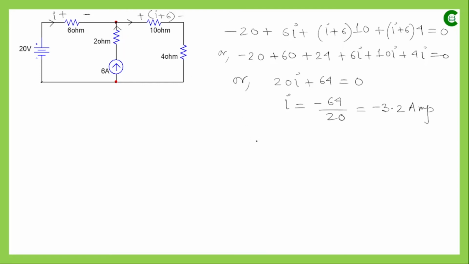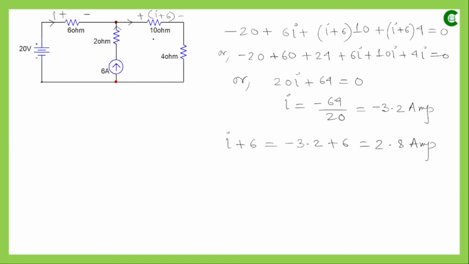So if we want to find out the current which is flowing through this branch, means through this 10 ohm resistor and through the 4 ohm resistor, then it can be calculated as I plus 6. So I itself is minus 3.2, then plus 6, so 2.8 ampere.